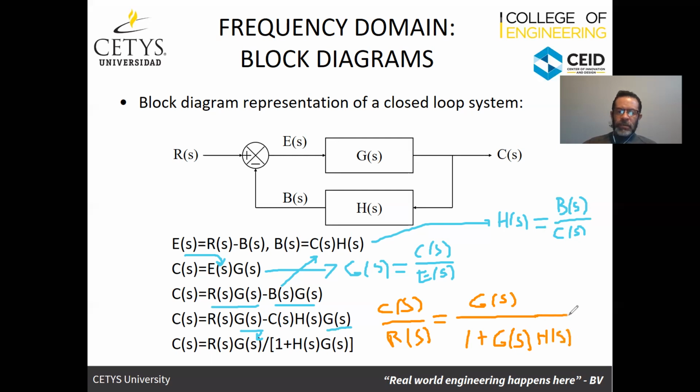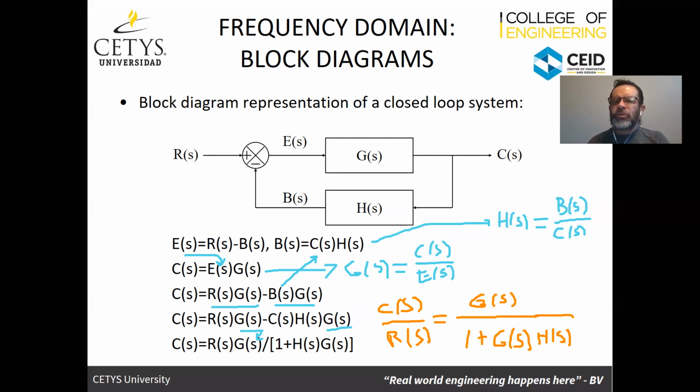And so this tells us that the only things we need to represent the whole transfer function for the feedback system are the forward transfer function, which is this one that we have here, and the feedback transfer function. As long as we have those transfer functions, we can represent the whole system using this expression.